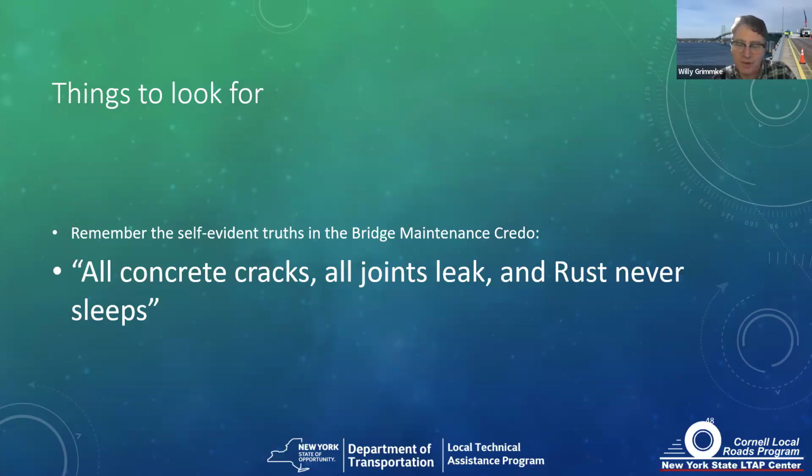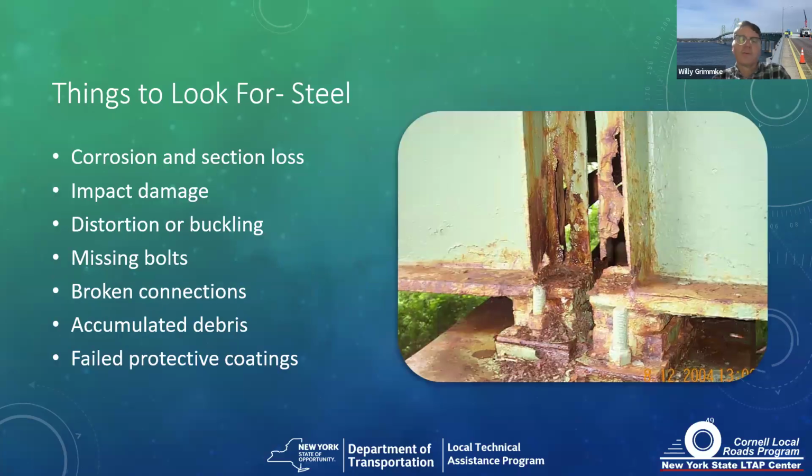From the bridge maintenance credo: all concrete cracks, all joints leak, and rust never sleeps. So if you have a steel bridge, things you want to look for are corrosion and section loss, impact damage. Has it been hit? Is it distorting or buckling, not behaving like it's supposed to?